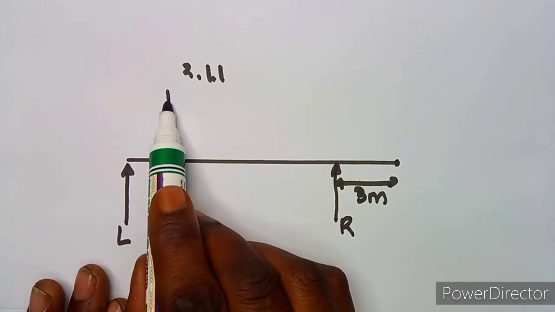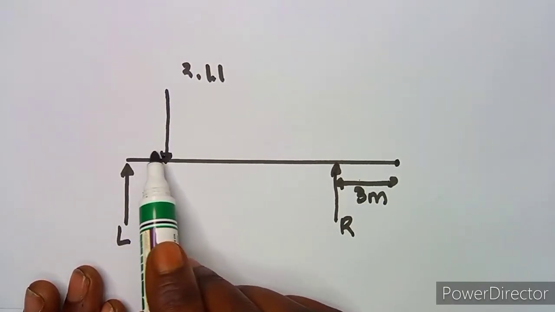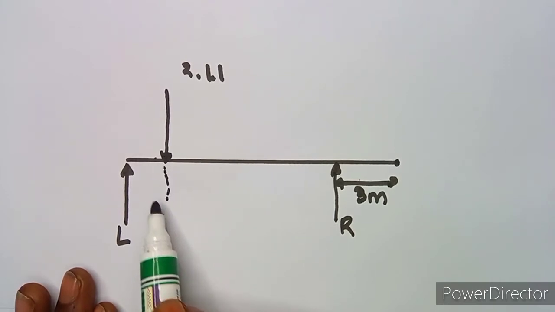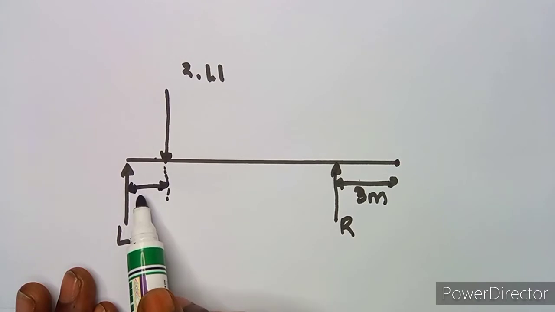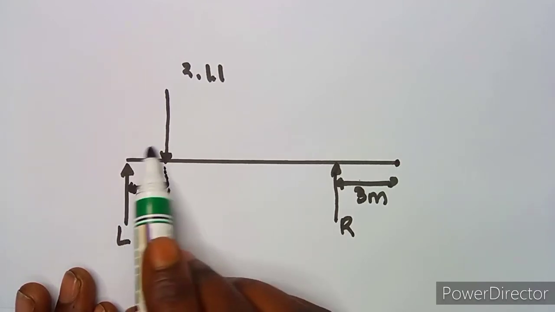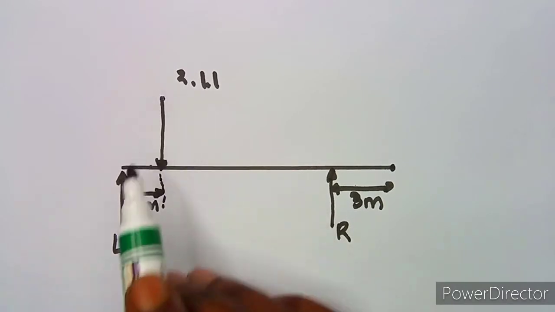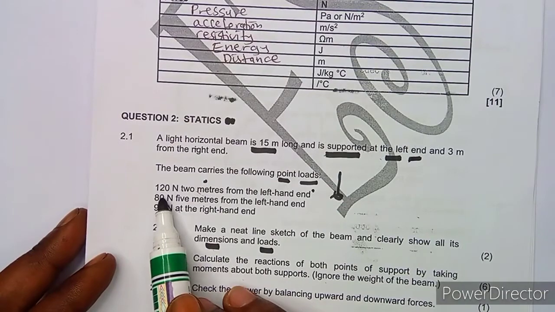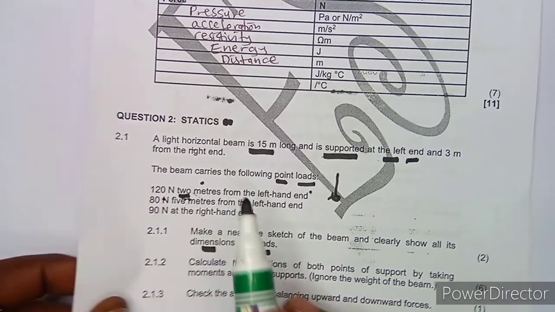So we can just put something like this, and it's facing downwards, and there's a difference of 2 meters here. You can put the distance in between here of 2 meters, or you can just write it on this other side. And this is a force, take note, a force of 120 newtons. So you're supposed to indicate 120 and 2 meters in between.